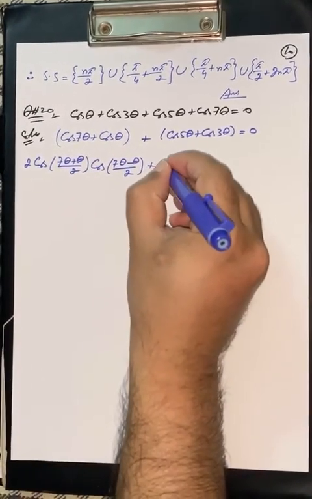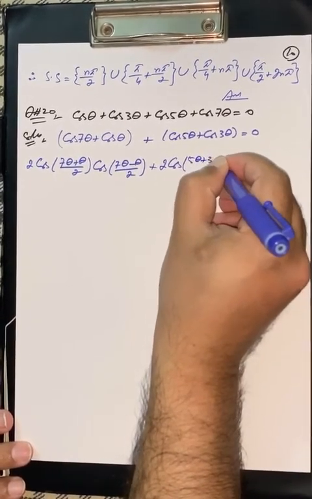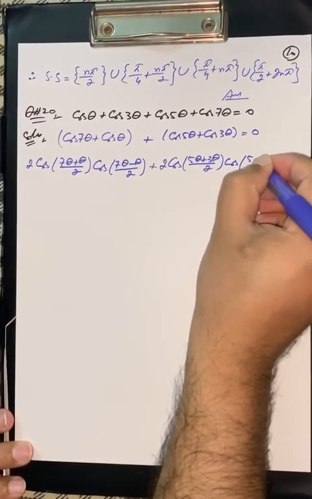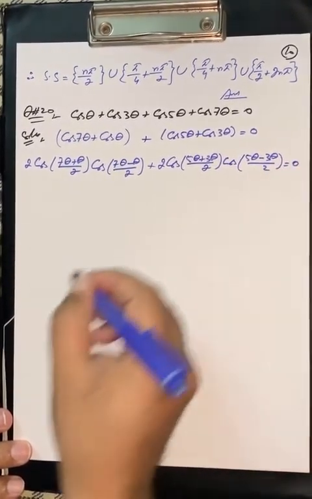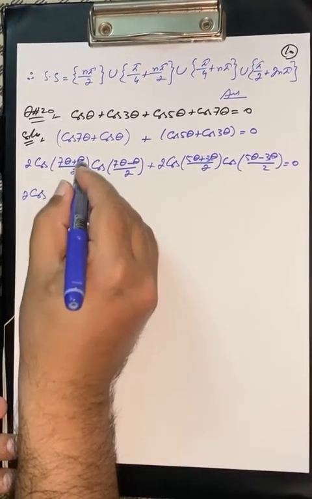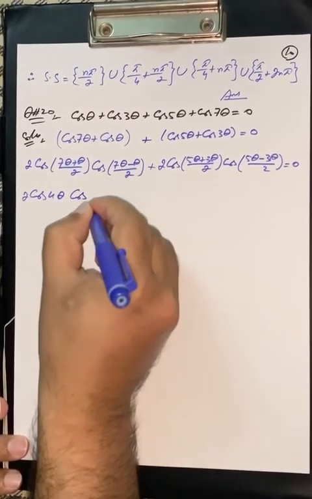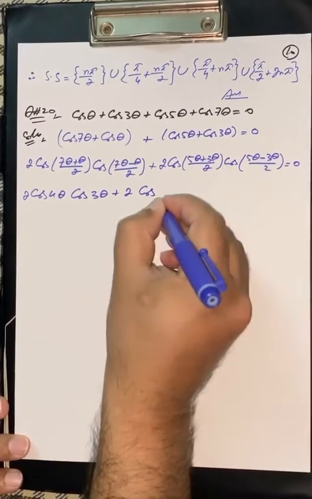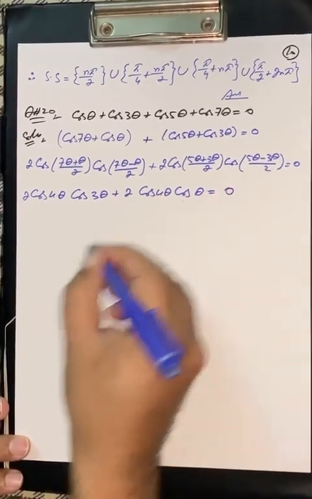Now here 2 cos alpha plus beta by 2 cos alpha minus beta by 2 equals 0. Now what is left? Cos 7 plus 1, 8 by 2, 4 theta, cos 6 by 2, 3 theta, plus 2 cos 8 by 2, 4 theta, cos 2 by 2, only theta, equals 0.